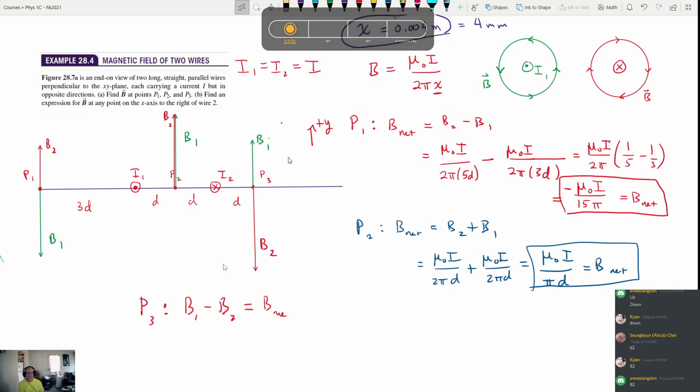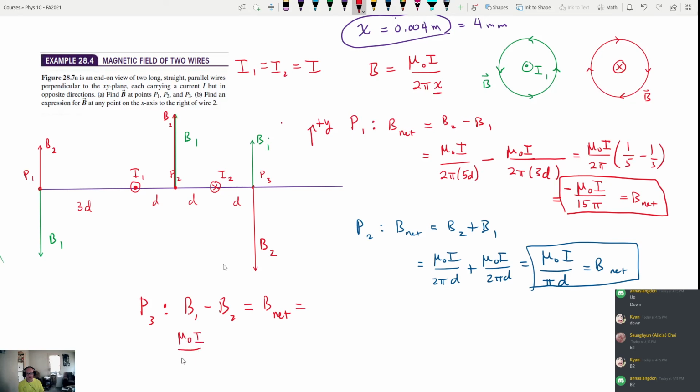Well, it's not working. Let me undo. That's fine. I'll just do that. Okay, this is going to be B net. And so that's going to be equal to B1, which is mu naught I over 2 pi times the distance from here to here, which is 3d, minus B2.